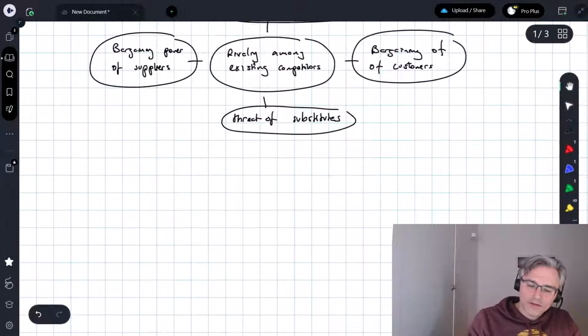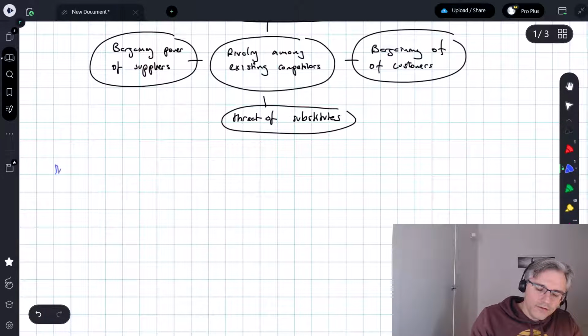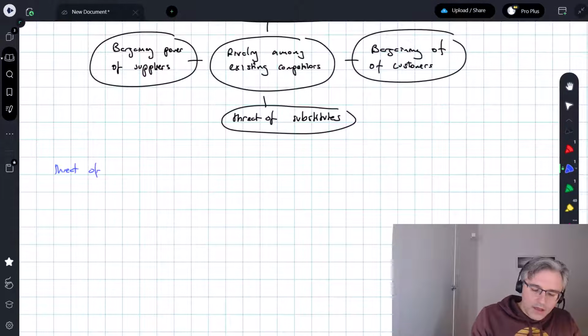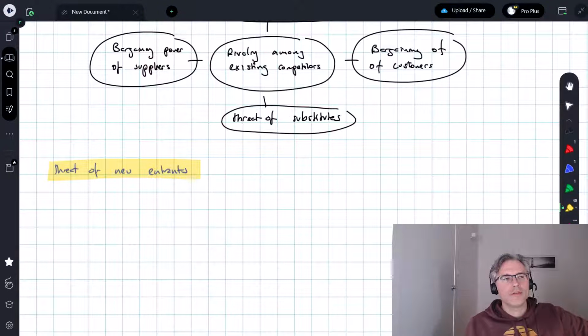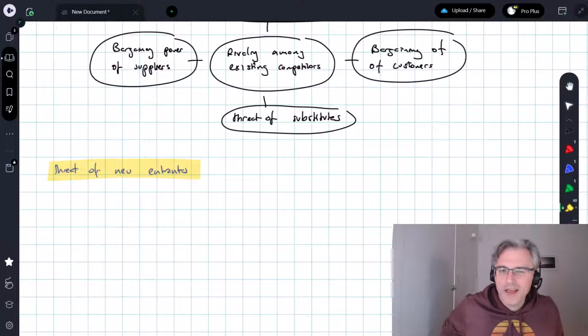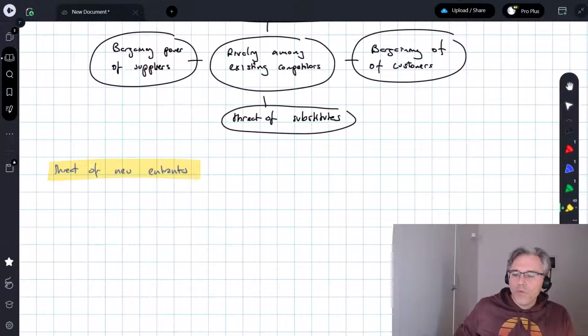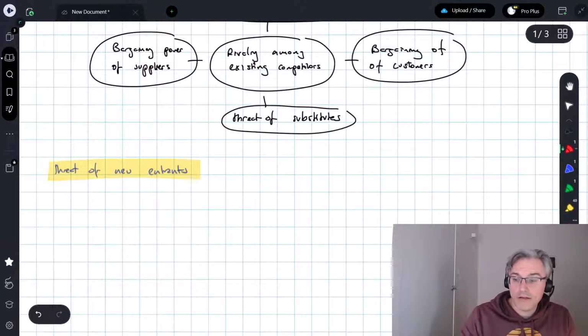So let's start with the threat of new entrants. Now, obviously, ideally, you want to be in an industry where you're most comfortable from a profit-making point of view, where that threat of new entrants is relatively low.